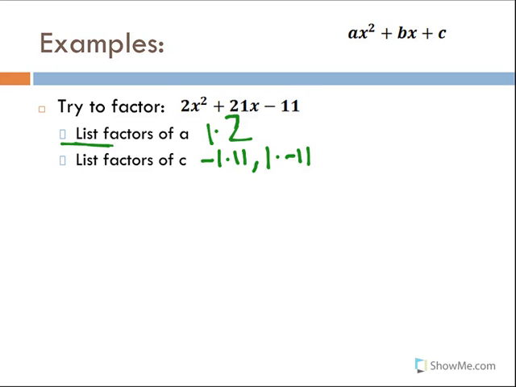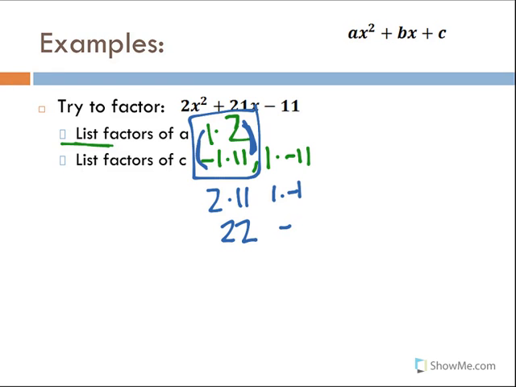So maybe I'll start with these two combos, 1 and 2 and negative 1 and 11. The idea is we multiply these together, and then add them to get 21. So if I did 2 times 11, this one times this one, I'd get 22. And then the other one, 1 times negative 1, I get negative 1.